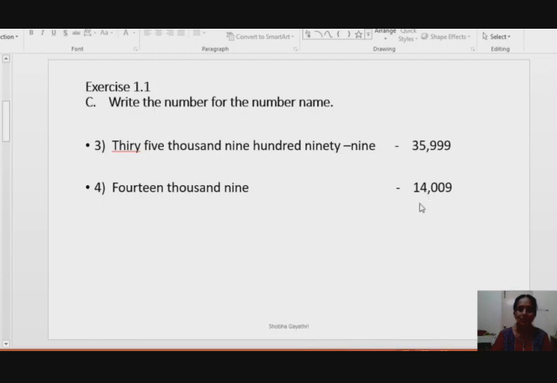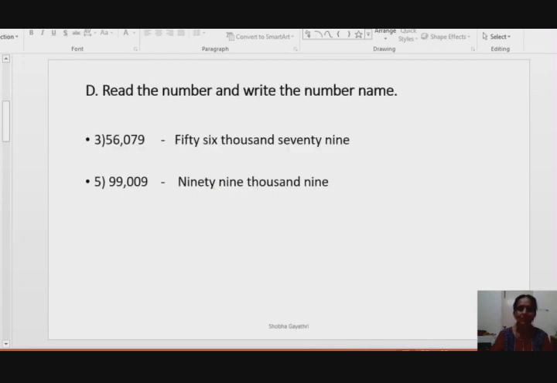Then insert comma after thousands period over. Now 9. Nothing is mentioned here about hundreds place and tens place. So write 00. Write only 9 in units place. That's how you have to write numbers for the number names.